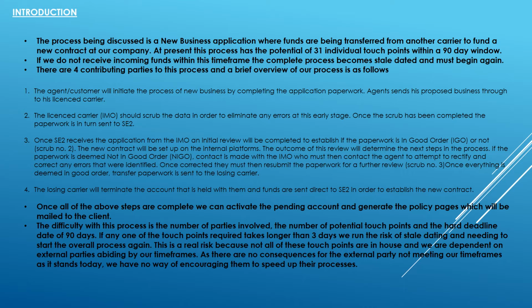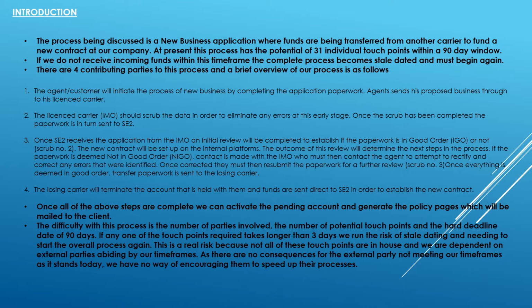Once the contract is set up on our internal platforms, the outcome of the review will determine the next steps within the process. If the paperwork is deemed to be not in good order, or NIGO within the industry, we will then contact the IMO. This should not be the case because they've already completed their first initial scrub of all the data. Unfortunately, this is not always the case.